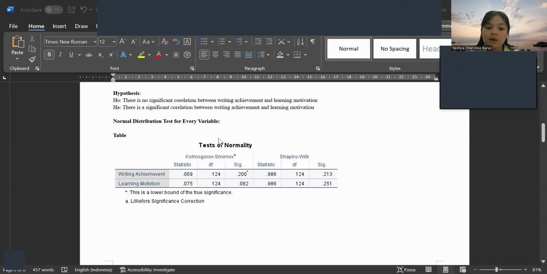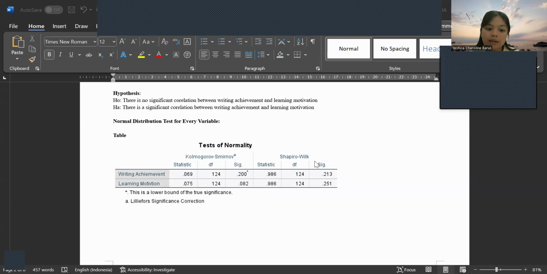Then we have the test of normality table in here. We have the Kolmogorov-Smirnov and Shapiro-Wilk tests. From Kolmogorov-Smirnov, the significance value, or p-value, of writing achievement is 0.200, and the p-value of learning motivation is 0.082, which means both of the significance values are above 0.05.